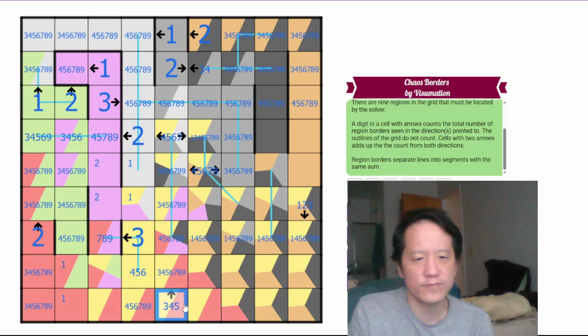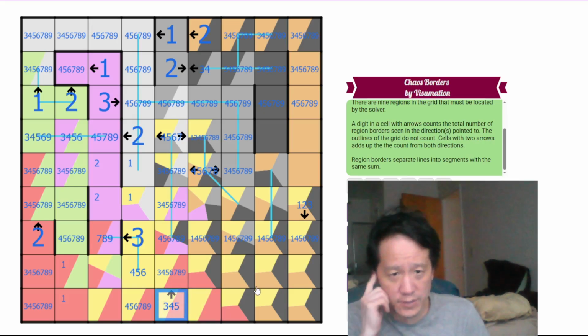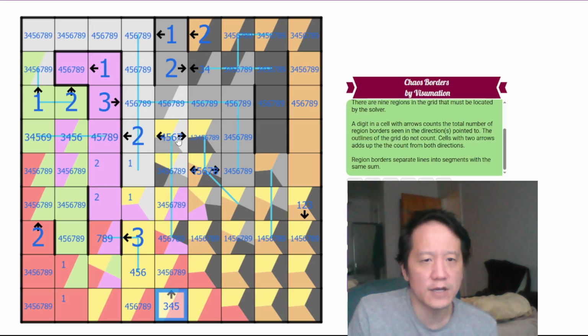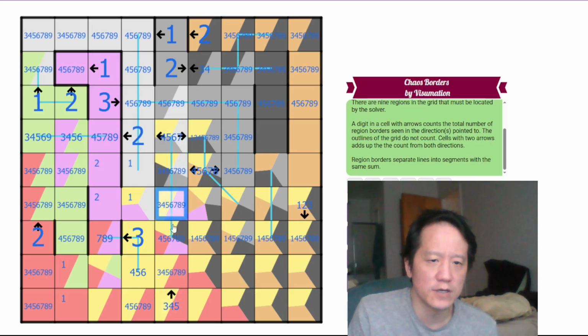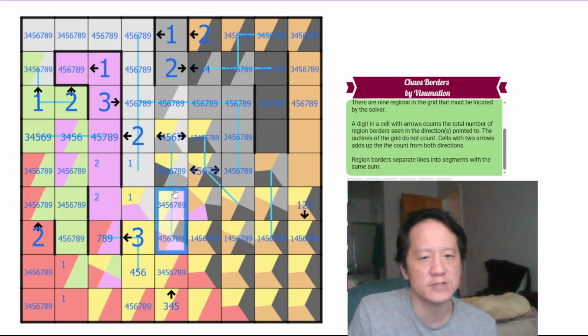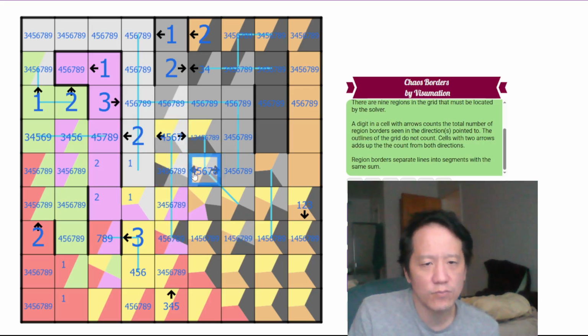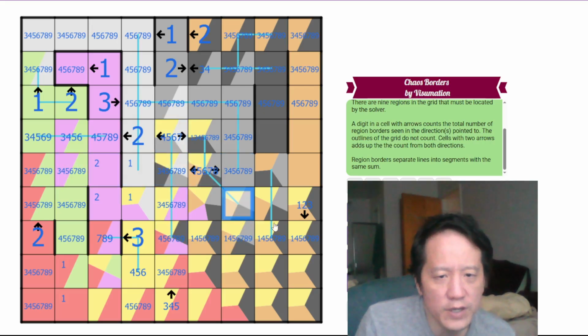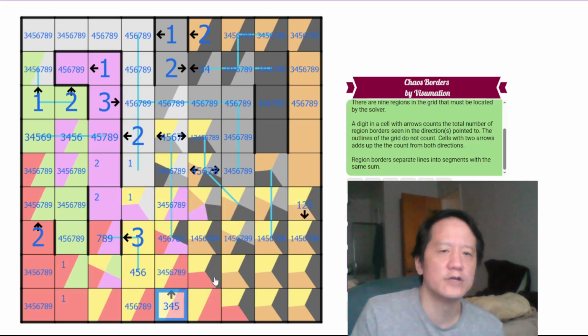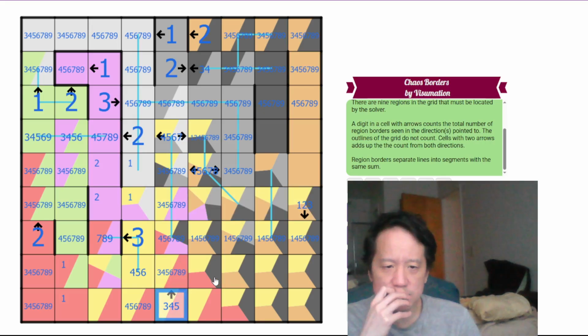So this is 3, 4, 5 here. It cannot be 7 because you can't have 7 anyways because it would be 1, 2, 3, 4, and they would all have to be the same digit, which is not allowed. So that could never have been 6 or 7 anyways.